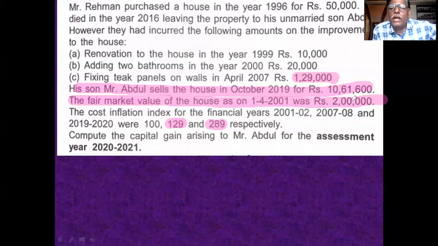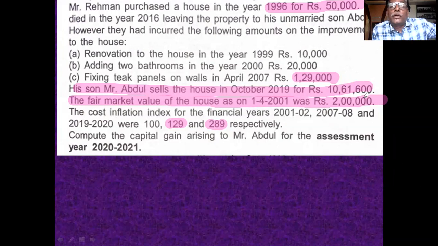So 2 lakh rupees or actual cost, which is 50,000. Actual cost is 50,000 or fair market value, whichever is more, you have to take as the cost of acquisition. Out of these two, 2 lakh is more. And for this, you apply the index. Present index is 289.